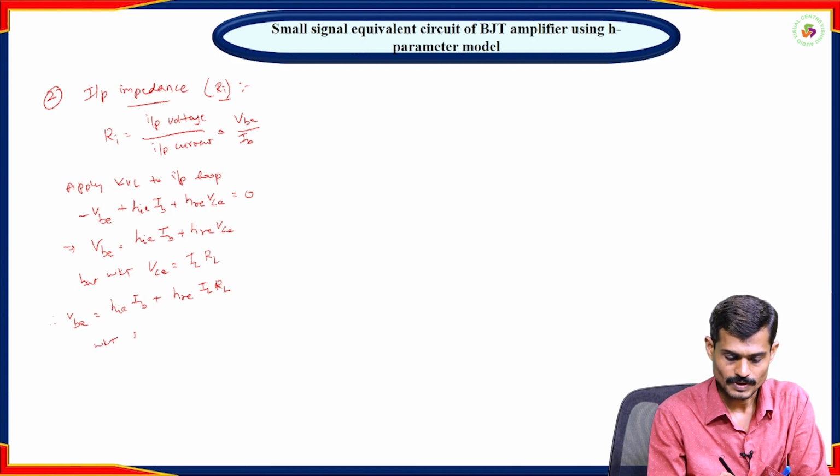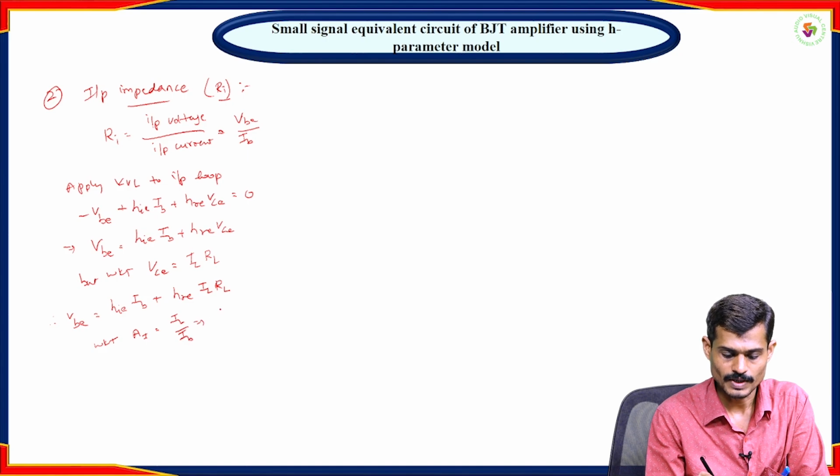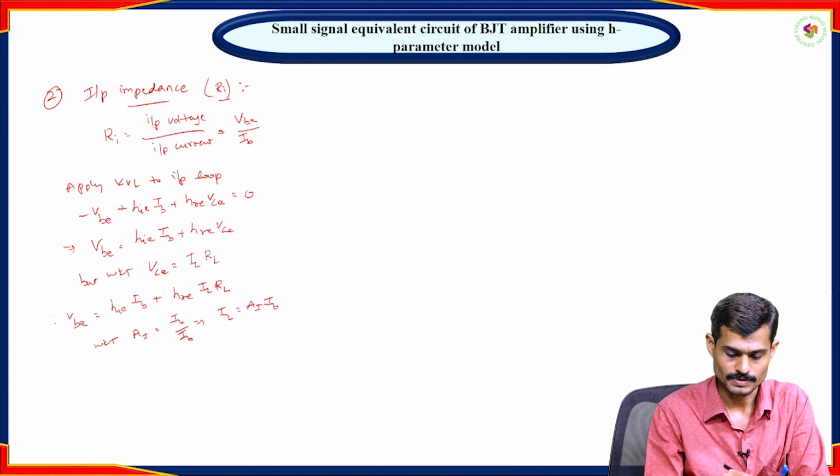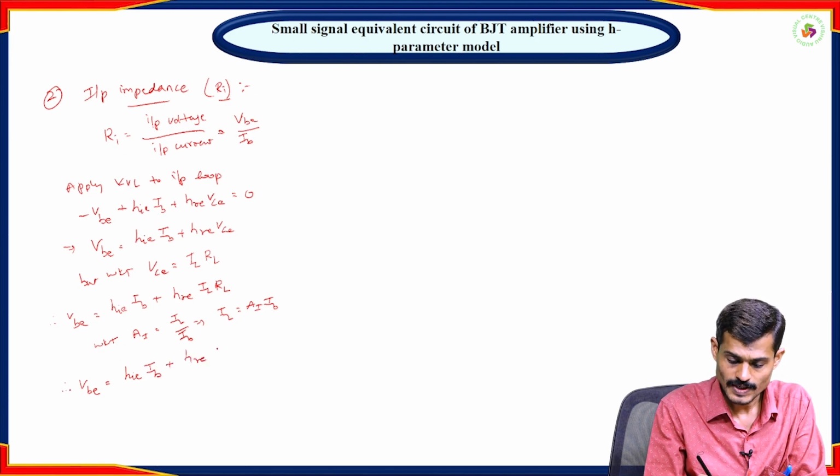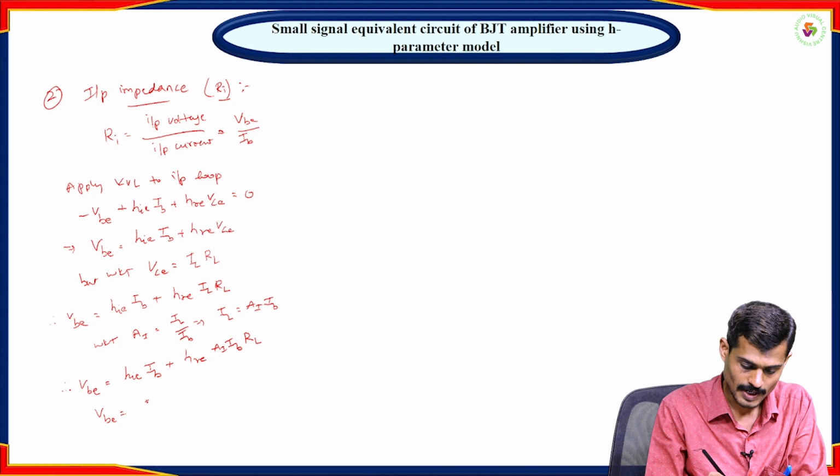But what do we know from the previous current gain definition? We know that AI equals IL divided by IB. So from that, can I write my IL as AI into IB? Yes. Therefore VBE equals HIE into IB plus HRE into AI into IB into RL. If I take IB common, what you will get?